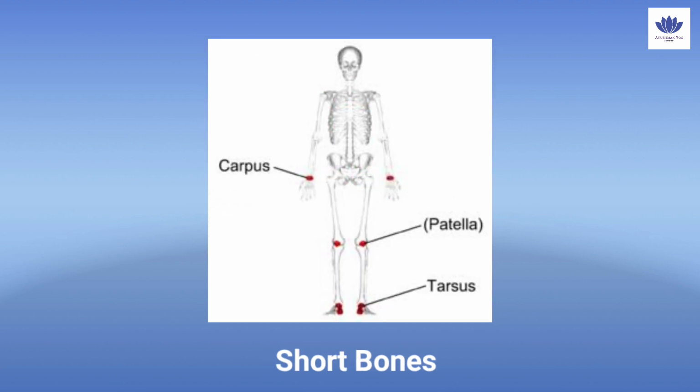Now, the short bones. These provide limited motion. For example, stapes. This is the bone in the middle ear, also the smallest bone in the body. Patella, the kneecap bone. Tarsals, which are the foot bones, and carpals, which are the hand bones.